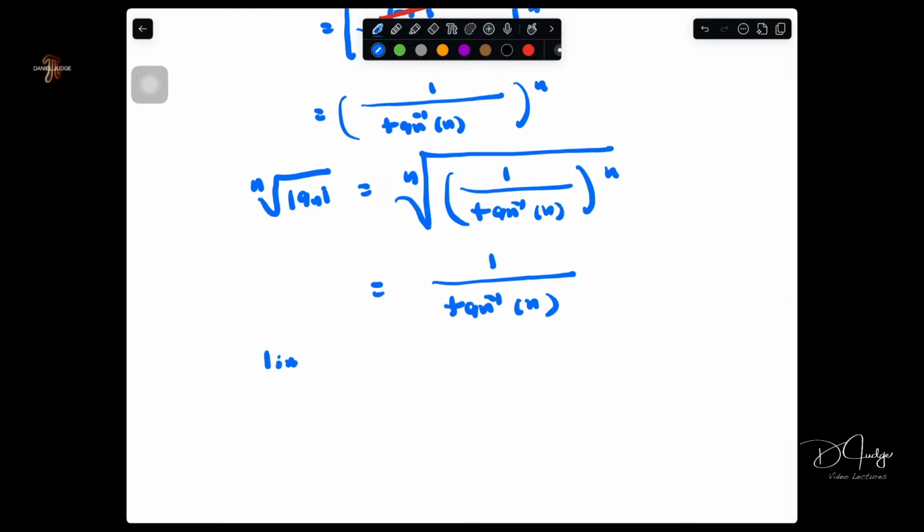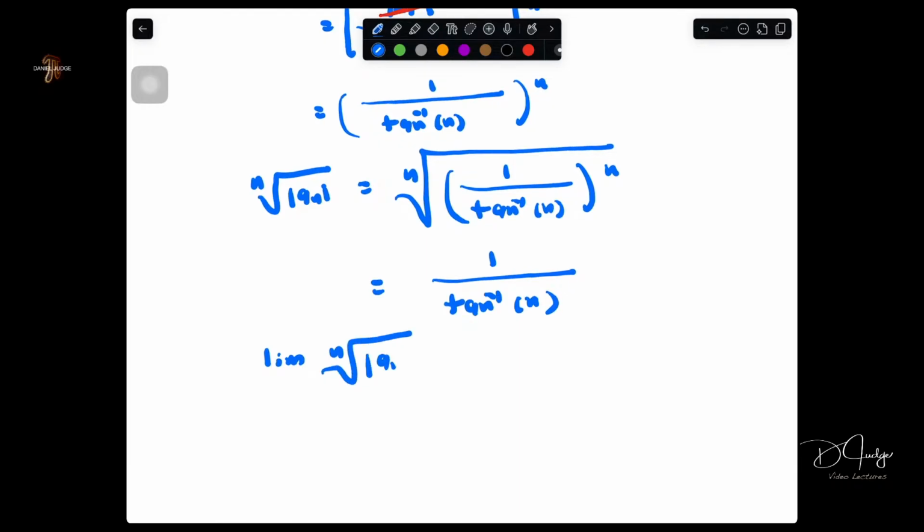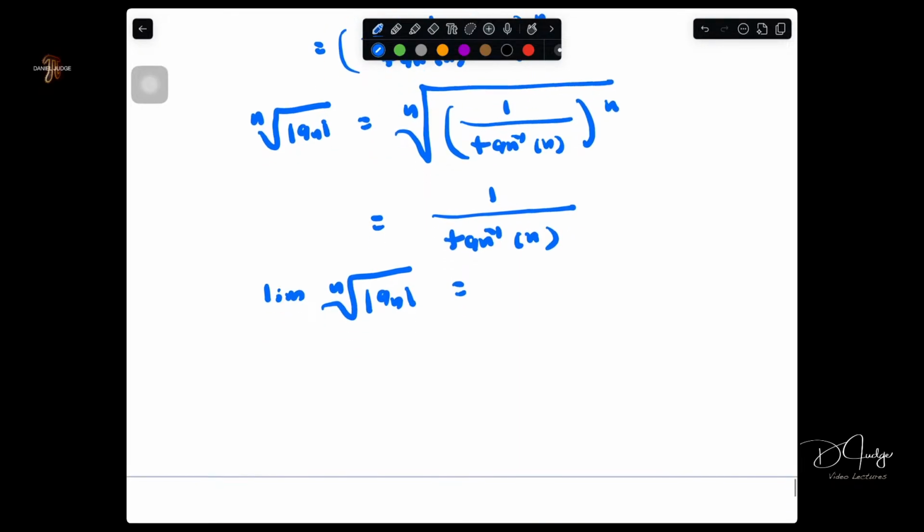So when you take the limit now of the nth root of the absolute value, well, that's the limit of 1 over the inverse tangent of n, as n goes to infinity.